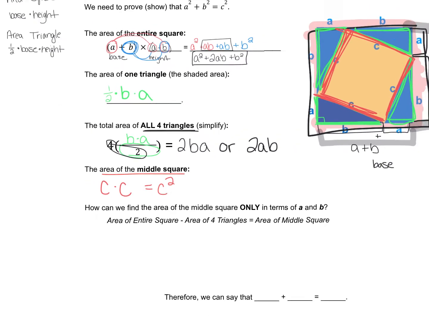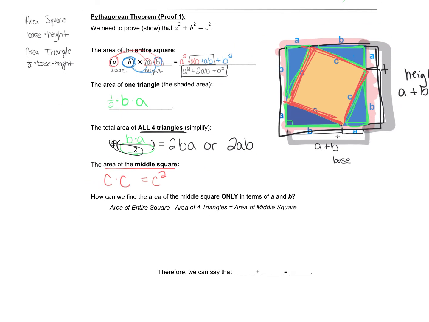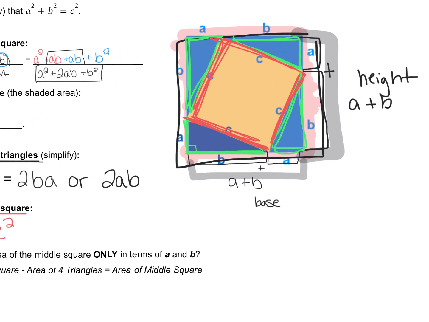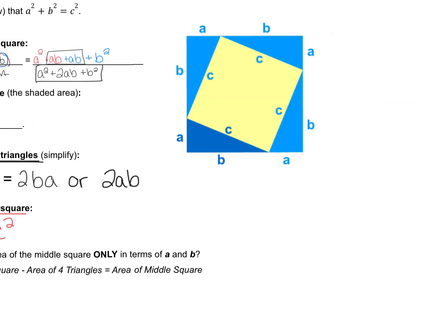Now, how can we find the area of the middle square only in terms of A and B? My middle square is C squared, but I want it to use A's and B's. So what I'm going to do is erase my picture real quick. Now looking at this, I am back to my original square. So I started with this whole thing.